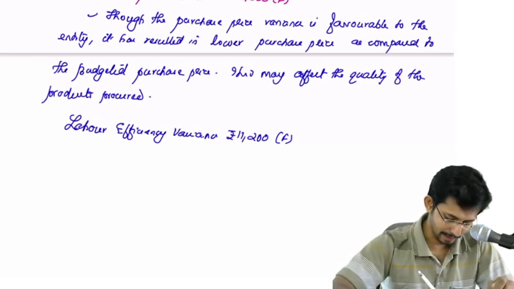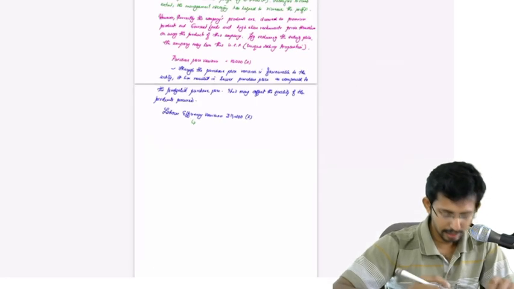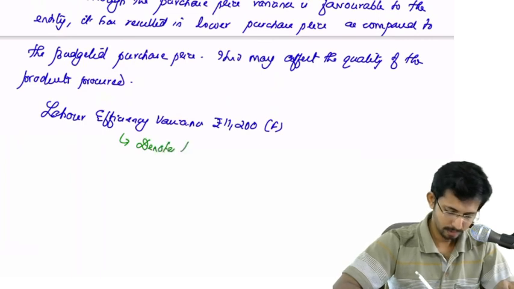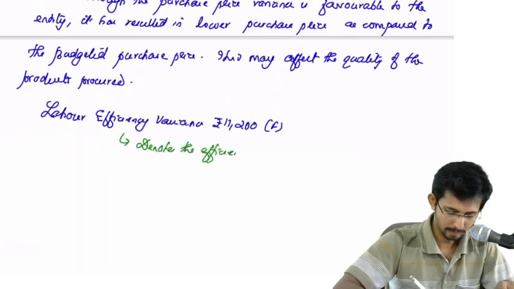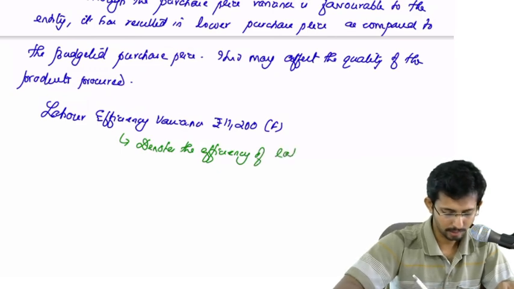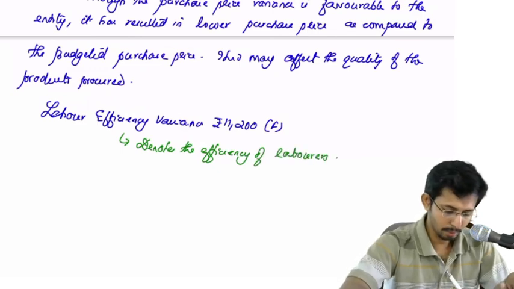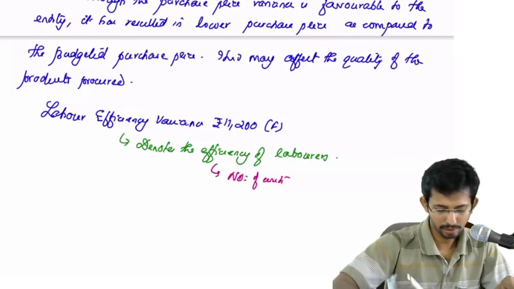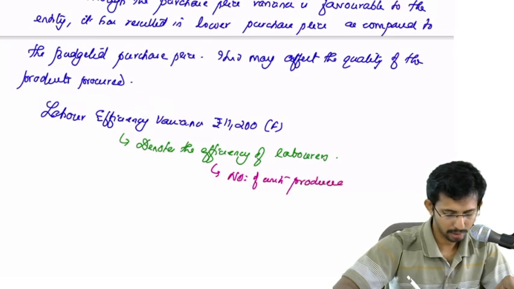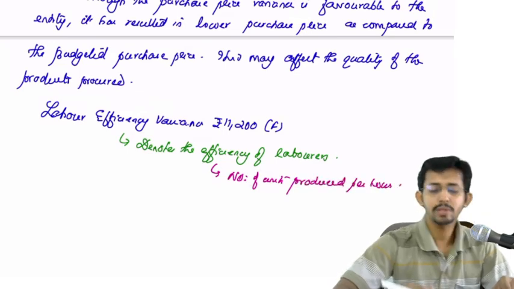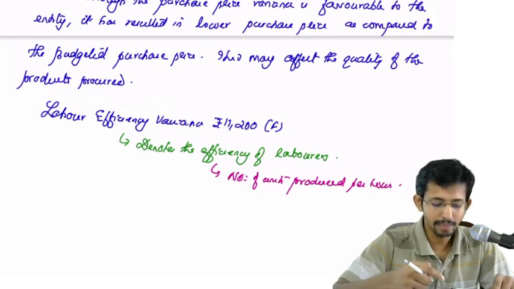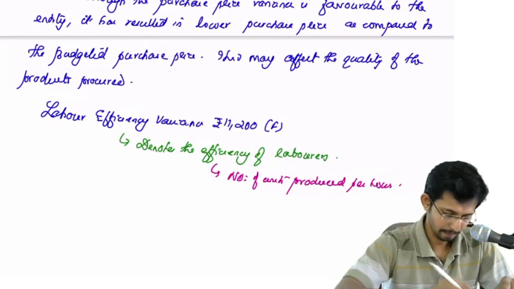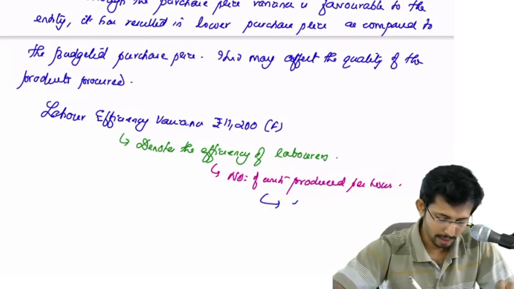Labor efficiency variance depicts or denotes the efficiency of laborers. And how do you measure the efficiency of laborers? It is the number of units produced per hour. So when you say that the labor efficiency has increased, it means that the number of units produced per hour by the laborers has gone up.